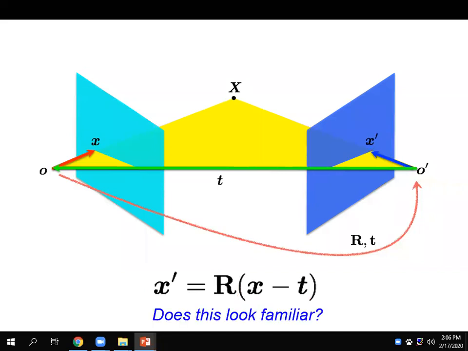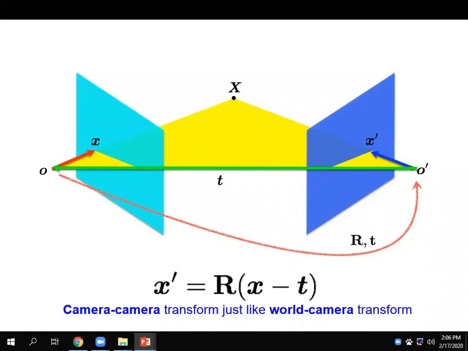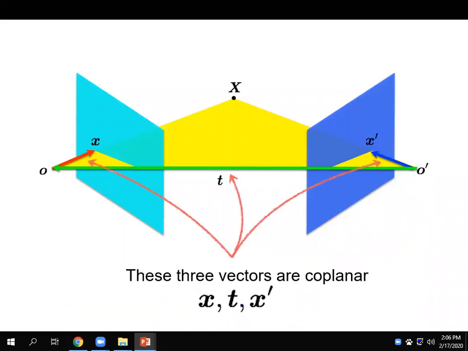This looks familiar to things that we did earlier, correct? When we moved from the 3D object to the 2D central projection camera. We move the point by C, if you recall, and then we do the R. So the camera to camera transform, just like world to camera transform as well.